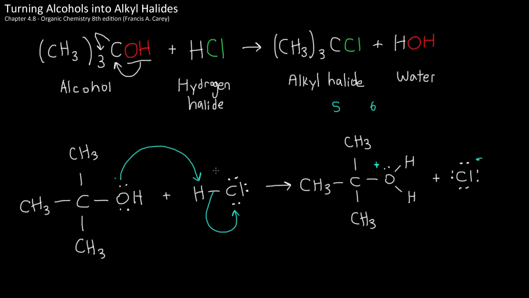Now, we want to balance the charges on each side at all times, the net charges. On this side, we see that we have 0 charge, plus 0 charge. We see there's no positives and no negatives on any of these elements. And over here we have +1 charge, and over here we have -1 charge.